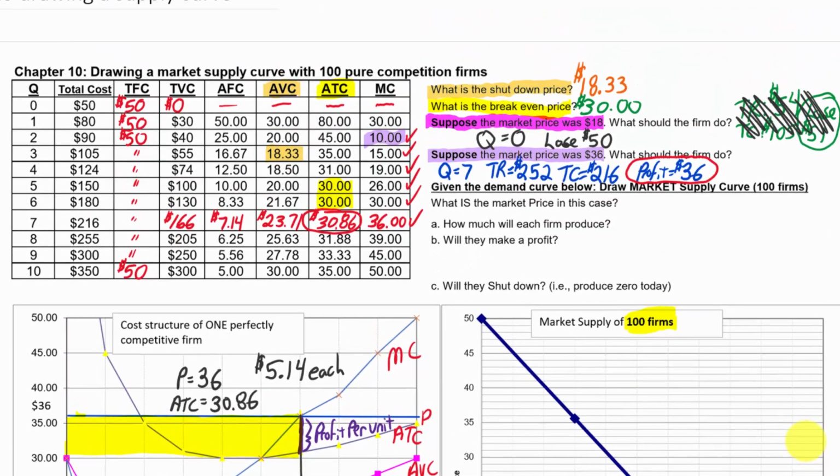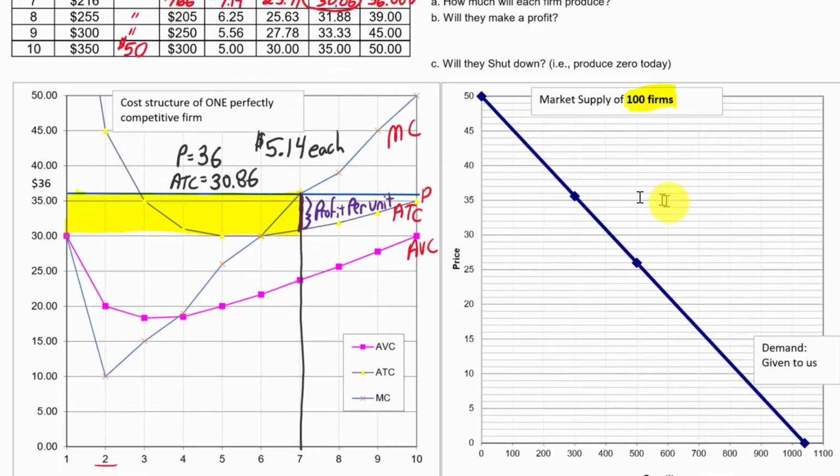Now we just figured out that here at the market price of $36, this firm should produce 7 units. So what if we're looking over here at the entire market, and in the entire market we had a price of $36? We can just extend this blue line all the way over here.